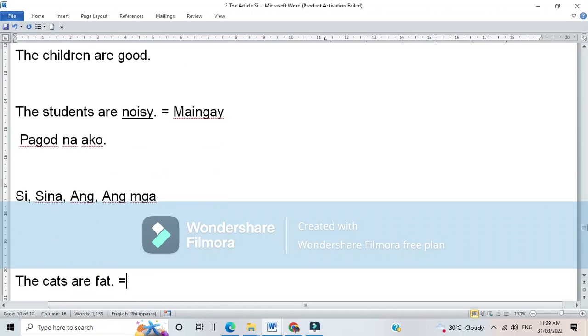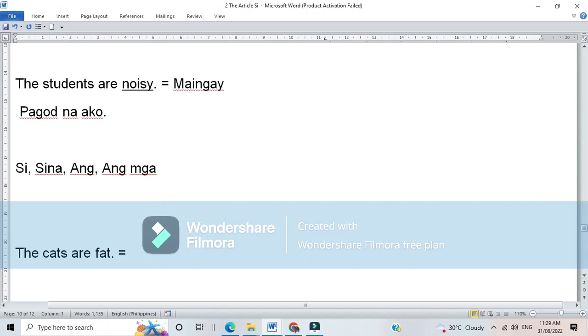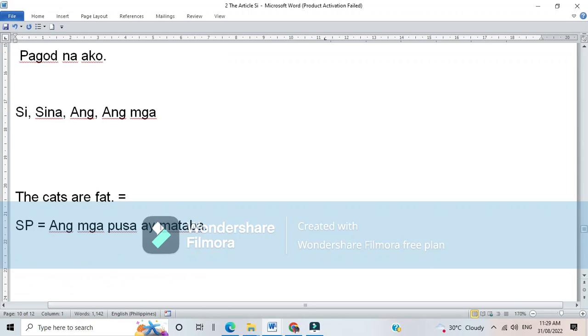Okay, so ang mga is the plural form of ang. For example, the cats. So, many cats. Okay, so subject predicate. Our subject is the cats. Ang mga pusa. So, cat in Tagalog is pusa. Ay mataba. Fat is mataba. Okay? So, for inverted word order, that is mataba ang mga pusa. Okay? So, that's the use of article ang mga.